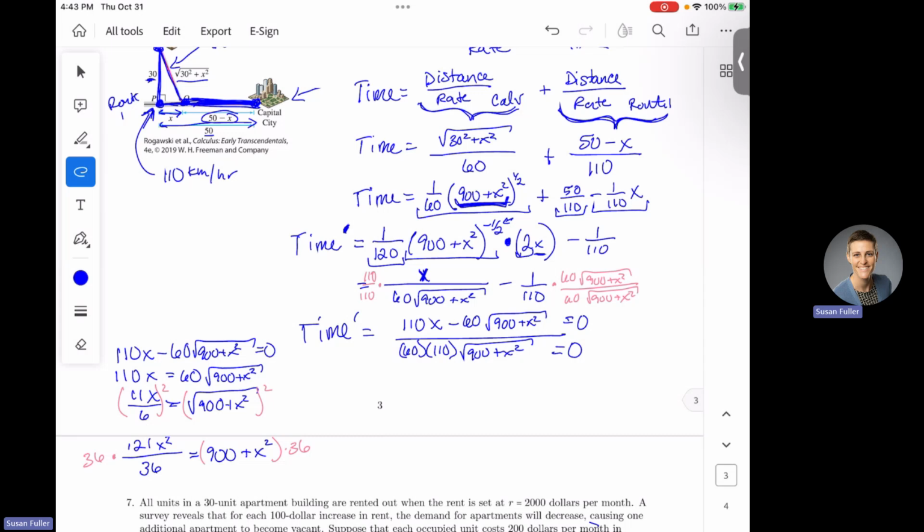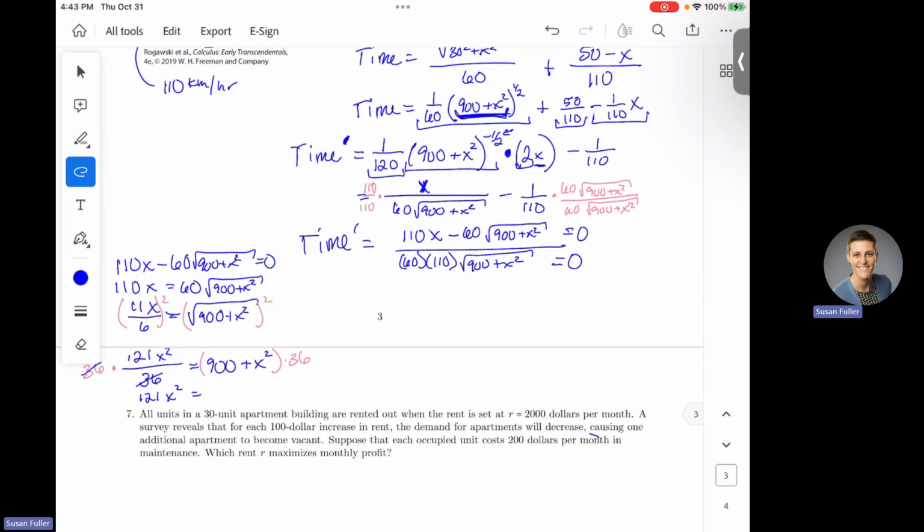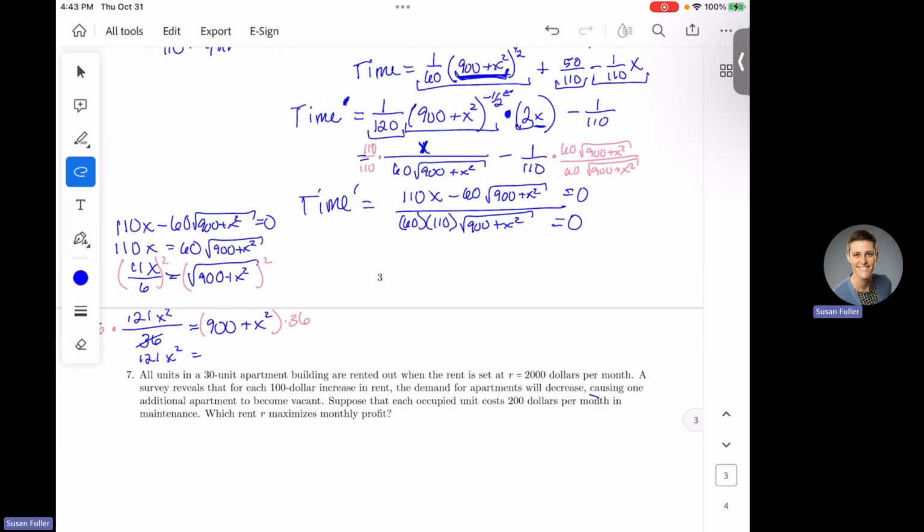And when you multiply here, these guys go away, and I just get 121 times x squared. On the other side, I get 900 times 36, which let me put that into my calculator. I get 32,400. Okay, 32,400, and then plus 36x squared.